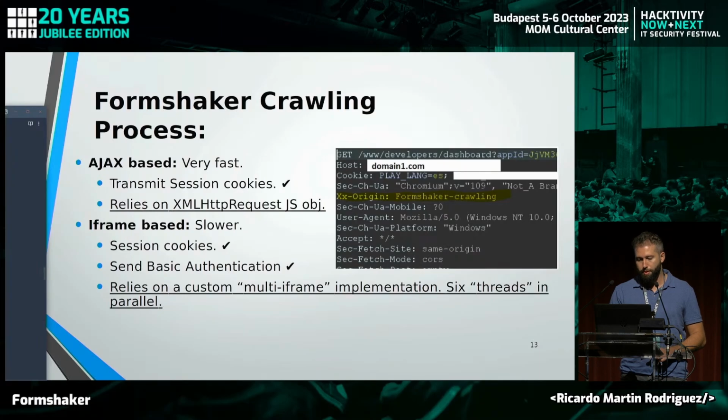Before continuing on, let me say that in both cases we use DOM, which is the standard for accessing HTML documents, to parse the HTML elements and obtain the links of the visited pages. Now I'll show you an example that will be illustrative of the iframe mode for crawling a website.